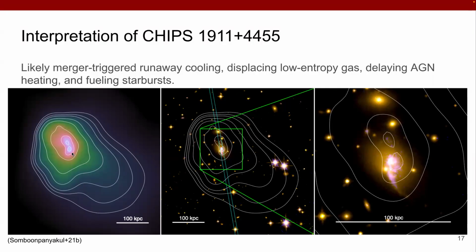To be fair, we're not 100% sure whether the cool core actually got destroyed in the process. What's happening is that some part of the cool core gets pushed out, but I think the main part of it still remains the same. But the AGN stopped and is about to happen again, and we don't actually know why it stopped.